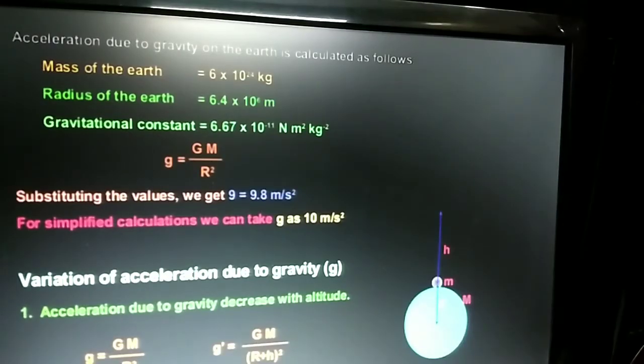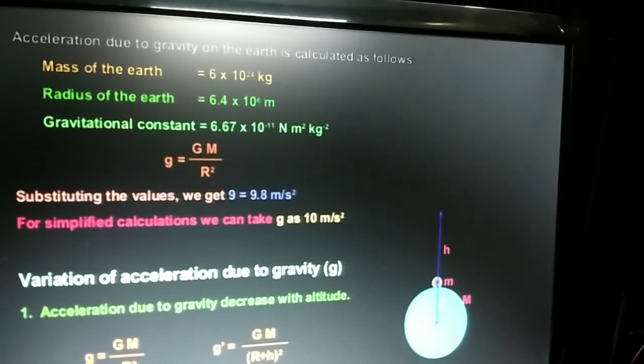Acceleration due to gravity on the earth is calculated as follows. Mass of the earth is 6 into 10 to the power of 24 kg and radius of earth is 6.4 into 10 to the power of 6 meters. Gravitational constant is 6.67 into 10 to the power of minus 11 Newton meter square per kg square.